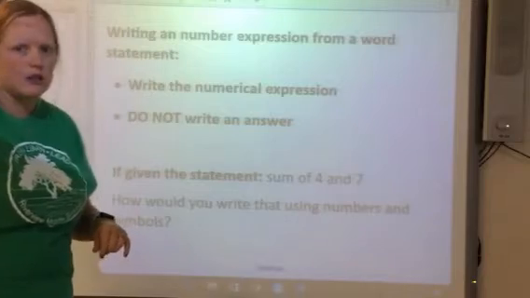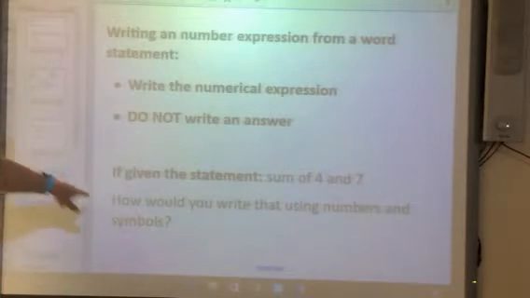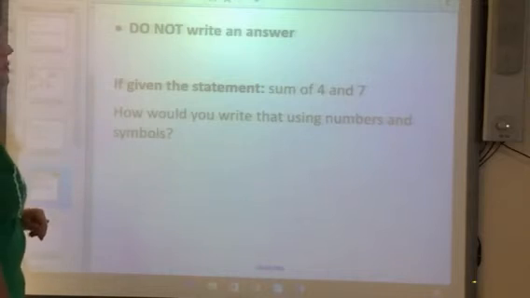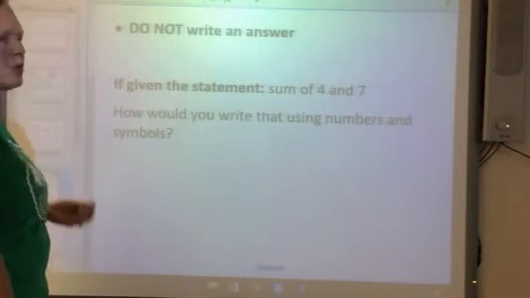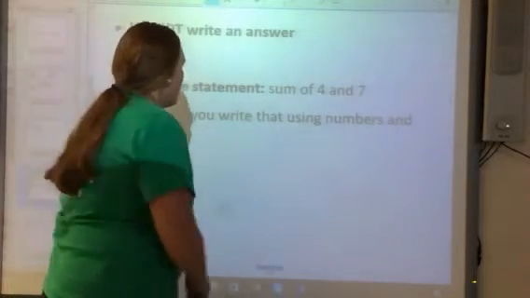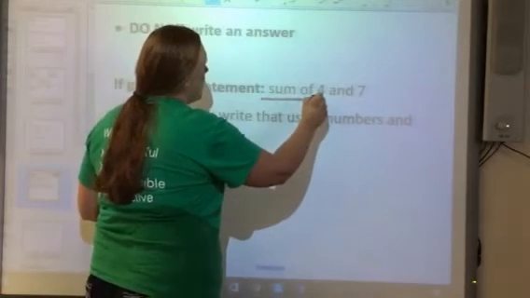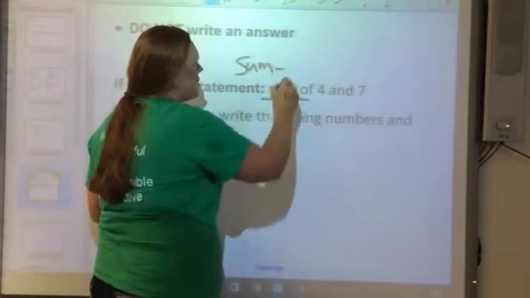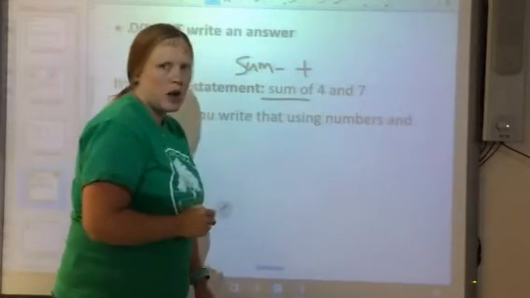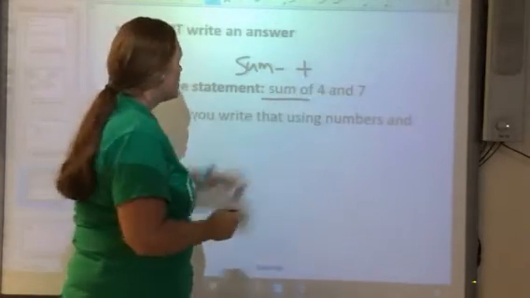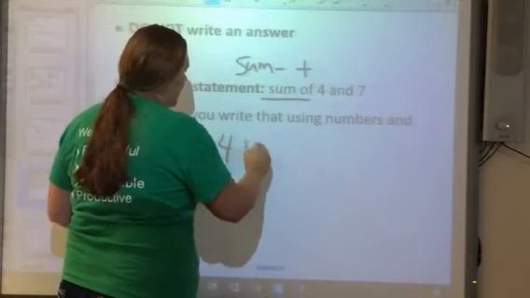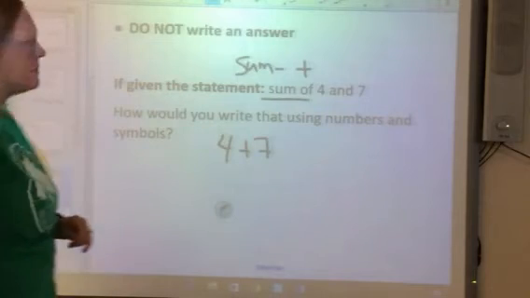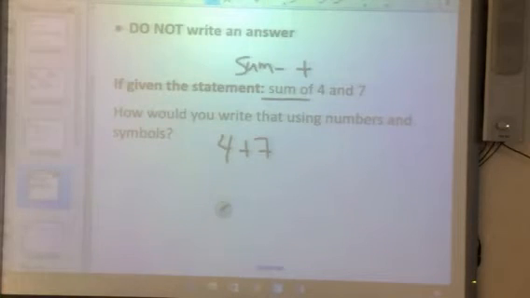Here's an example: if given the statement sum of 4 and 5, how would we write that? Remember, sum is the answer to an addition problem. So if I'm summing 4 and 5, I should have 4 plus 5. Write that down, please.